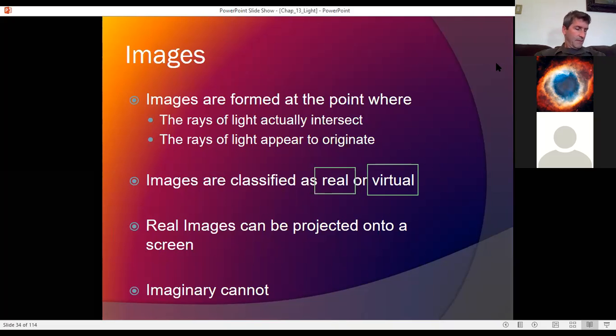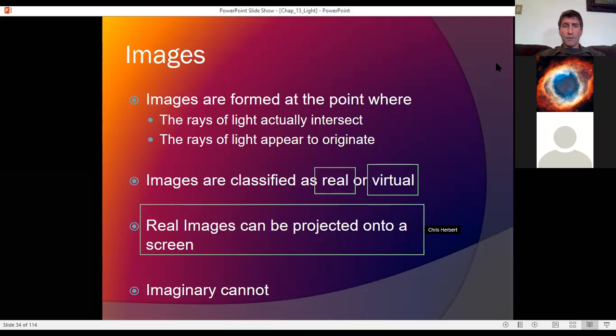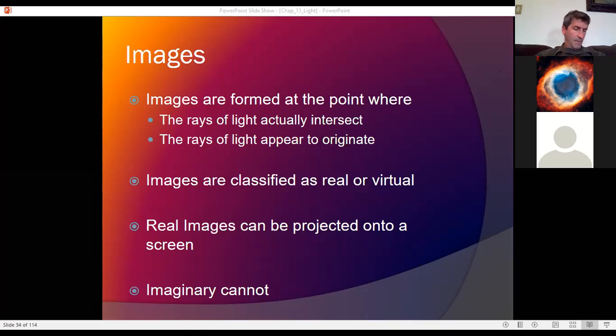Real images can be projected. So when you go into a movie theater, they are projecting a real image onto a screen, and you can see that. Virtual ones are not projected, okay? So what we see in a mirror actually is called virtual or imaginary.